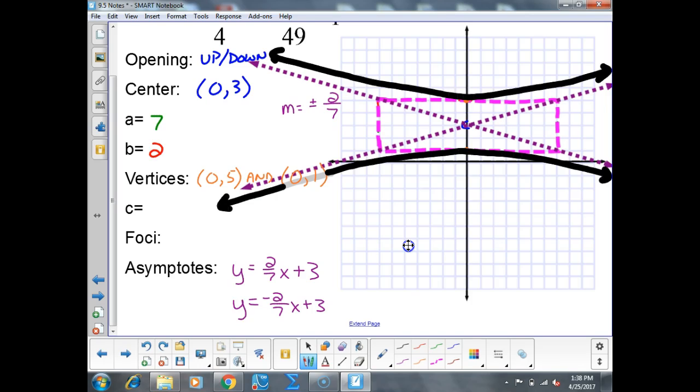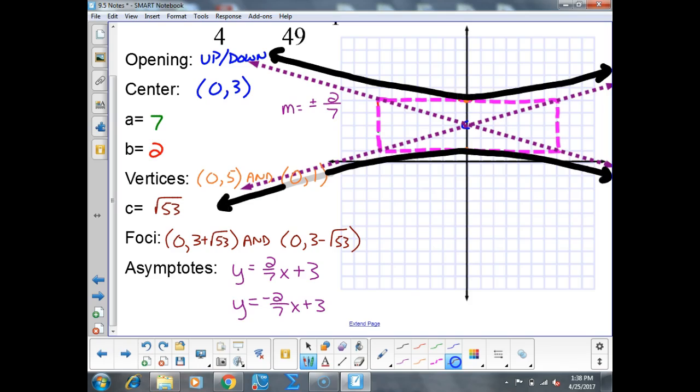Okay. c value. Square root of 53. Which means my foci are going to be at 0, 3 plus the square root of 53 and 0, 3 minus the square root of 53.